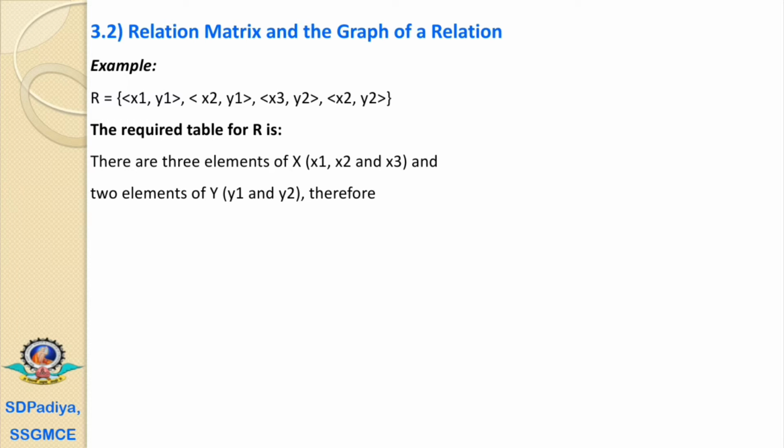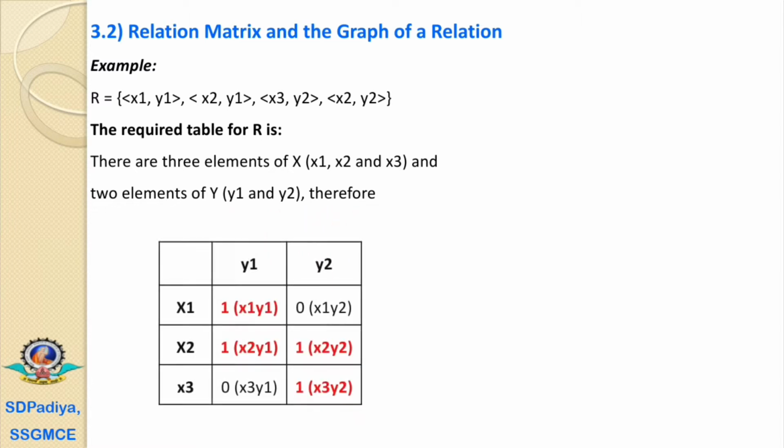There are three elements of the set X, that is x1, x2 and x3, and two elements of the set Y, these are y1 and y2. Therefore, in the required table there will be three rows, x1, x2 and x3, and two columns, y1 and y2. The order of the matrix is 3 by 2, that is row by column.